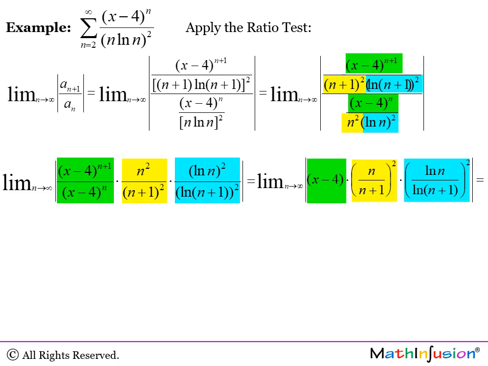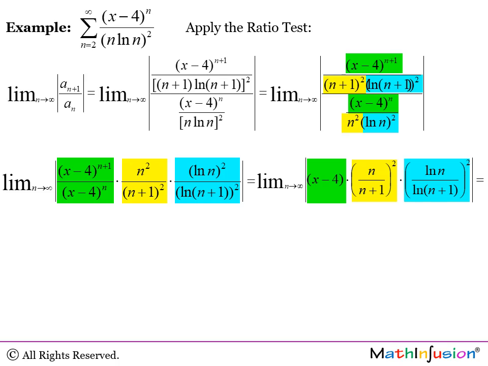And then I included in the power of 2 n over n plus 1 instead of n to the power of 2 over n plus 1 to the power of 2. And I did the same with the ln of n and ln of n plus 1. Now, one step of L'Hopital will give you the limit of n over n plus 1 to be 1.